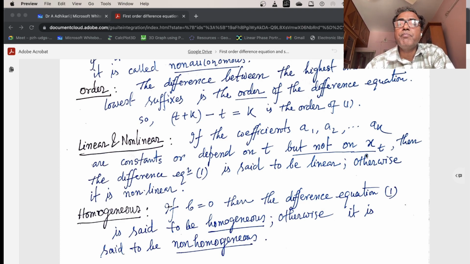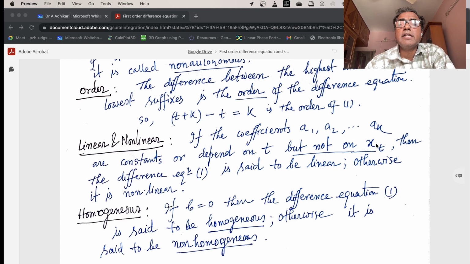So the power of the terms xt, xt plus 1 or xt plus k should all be 1. If the power is other than 1, then this difference equation is nonlinear.